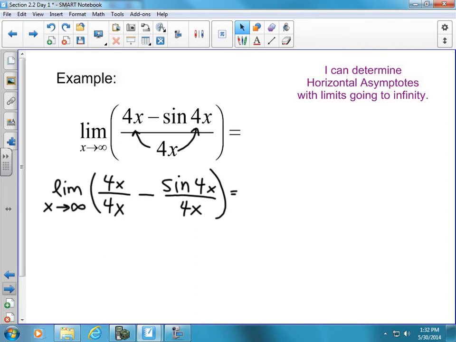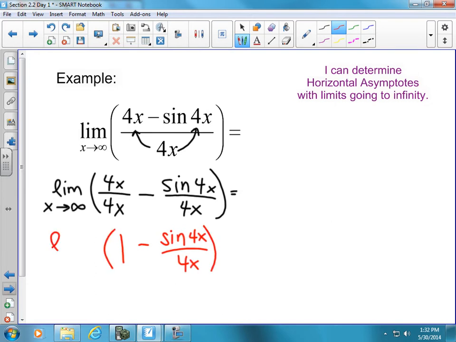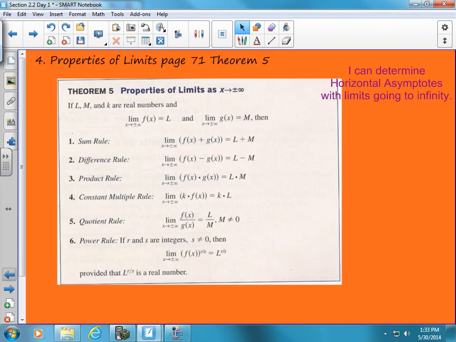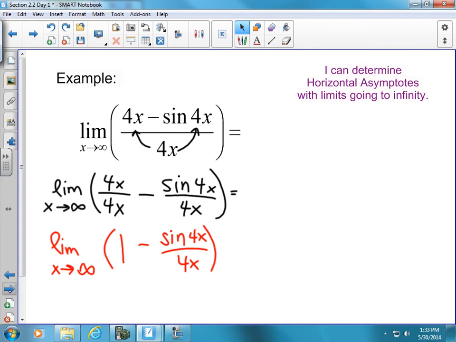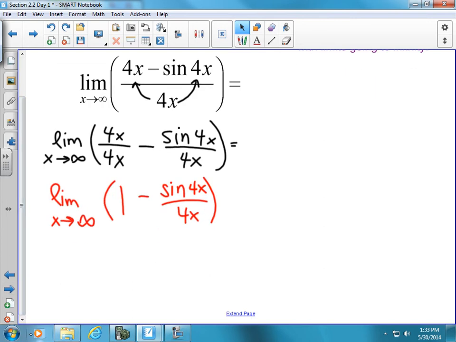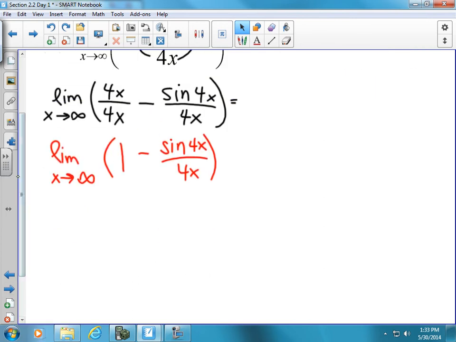Okay, so now I'm going to simplify: 4x divided by 4x is 1, minus sine of 4x over 4x. And we're going to take the limit as x goes to infinity of that. Now, by our properties, the property is the difference rule right here. It says the limit of one function minus another function is equal to the limit of one minus the limit of the other. So that's what I'm going to do, is separate this out and take two limits.